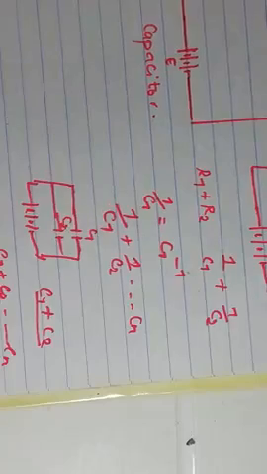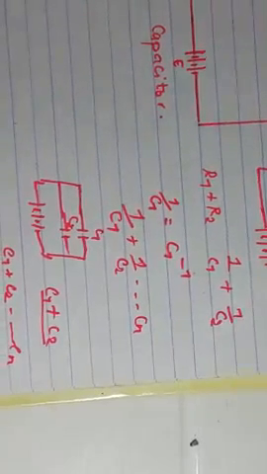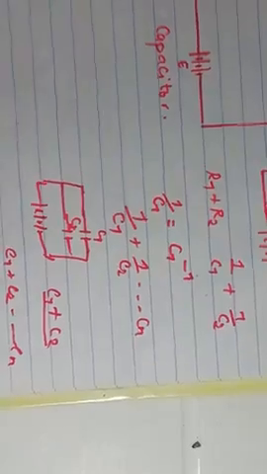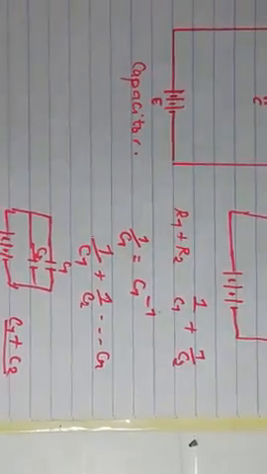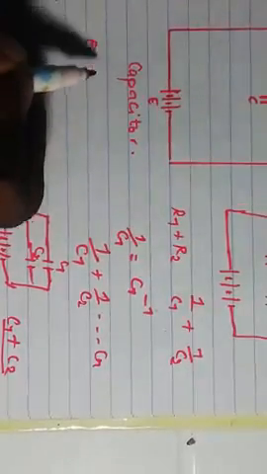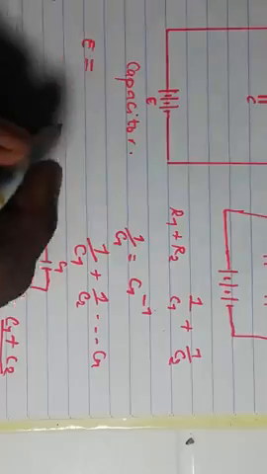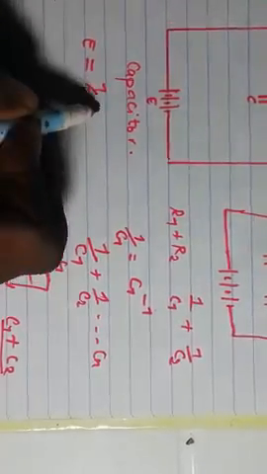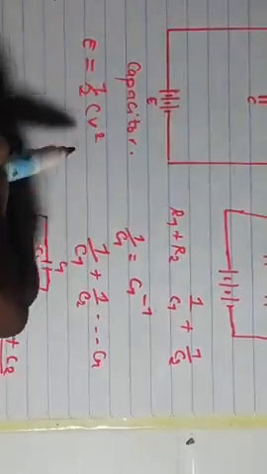Now, a capacitor stores charge, and we usually calculate the energy stored by the capacitor, which is given as half CV squared.